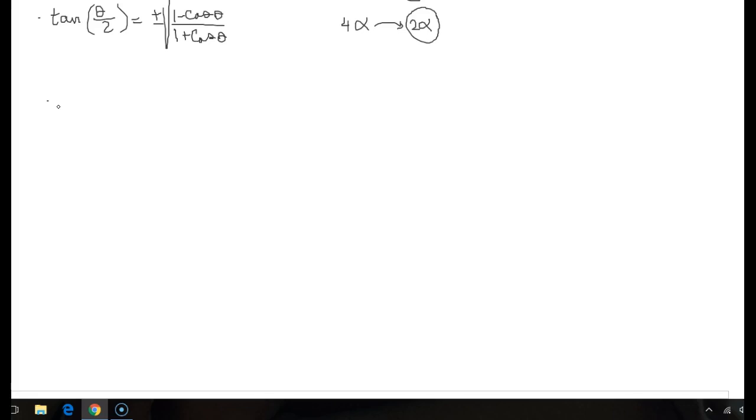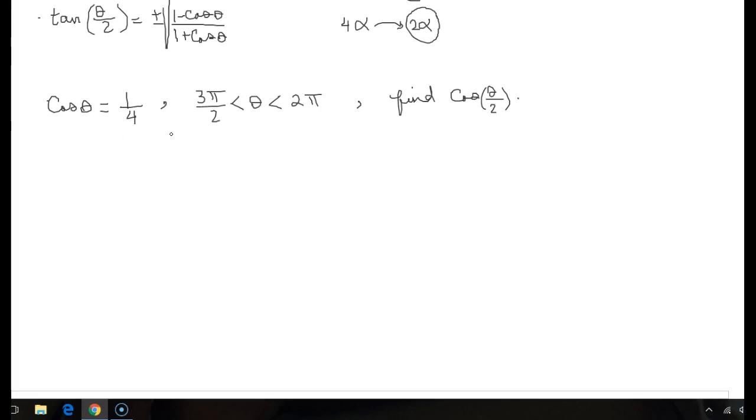So let's say cosine of theta is given to us, and it's 1/4. We are also told that theta is between 3 pi over 2 to 2 pi. And then the question is find cosine of theta over 2.